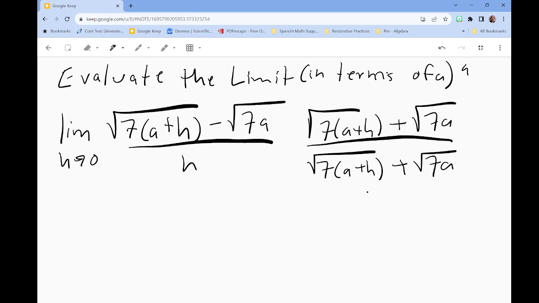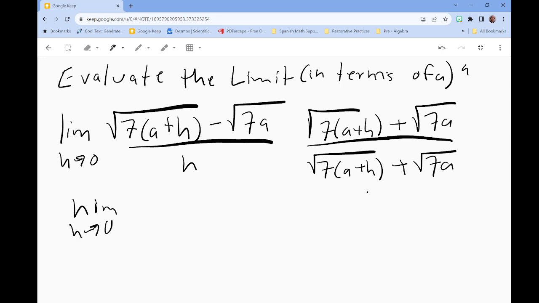In doing that, we end up with the (a minus b) times (a plus b) situation. (a minus b) times (a plus b) is the same thing as a squared minus b squared, what we call the difference of squares. So we're going to go ahead and do this limit as h approaches 0.